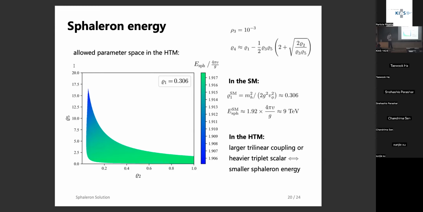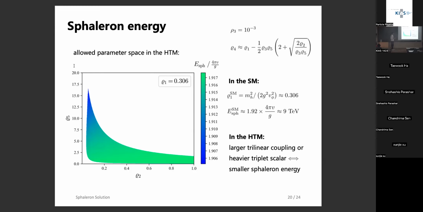It's about 9 TeV. However, in the Higgs triplet model, when you change the values of ρ2 and ρ5, we find that the Sphaleron energy is significantly changed compared with the Sphaleron energy in the standard model.